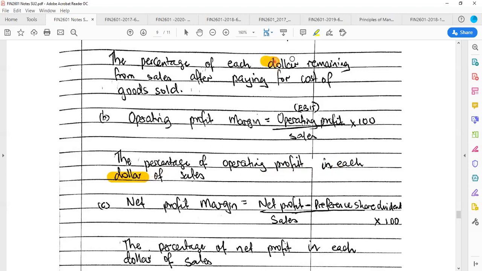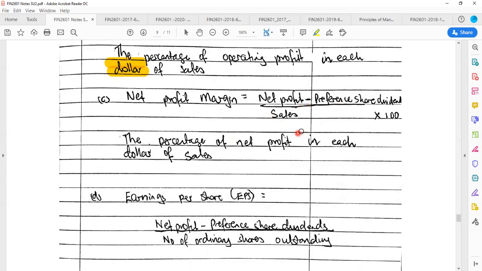I was using the soft copy of the book. It uses dollars because it's an American book. So this is the percentage of operating profit in each rand of sales. Right, that's the operating profit margin. So if your operating profit margin is 10%, it means for each rand of sales, the operating profit was 10 cents.